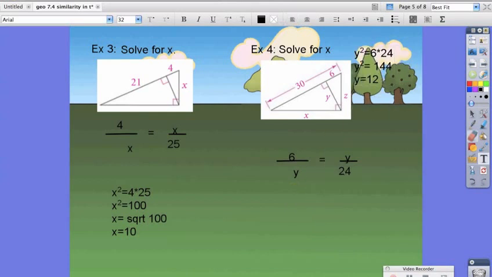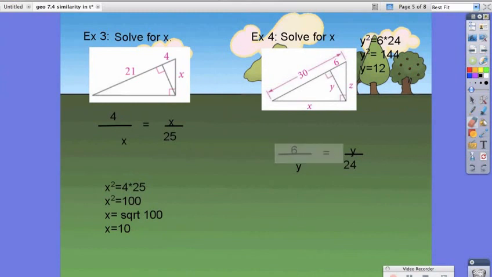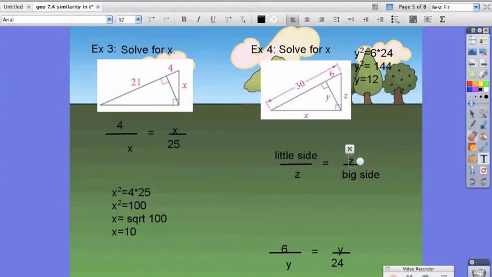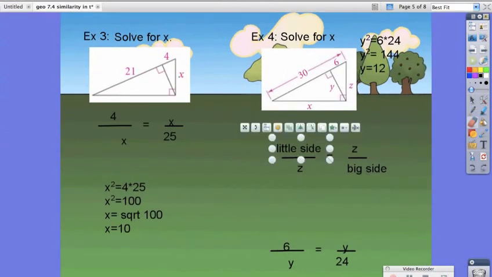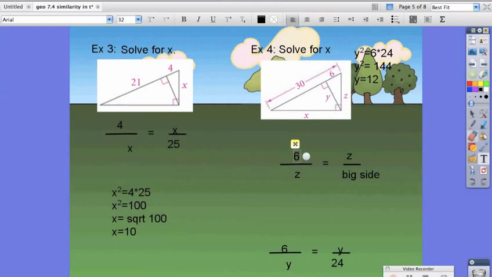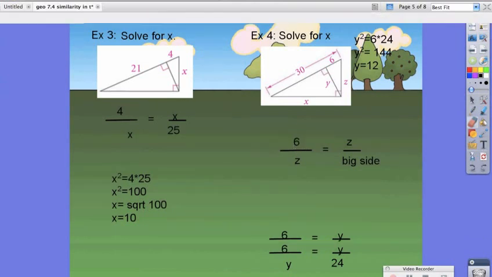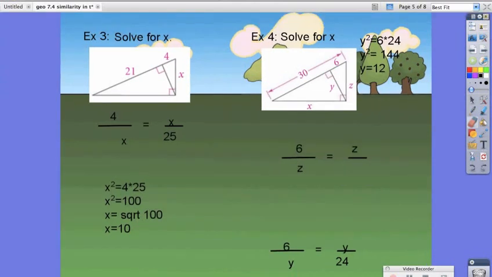Now we have to solve for the other ones. So I'm going to move this along. I'm going to set up a whole new one. Geometric mean here we'll use as z. Small side here is 6. Large side this time is 30.